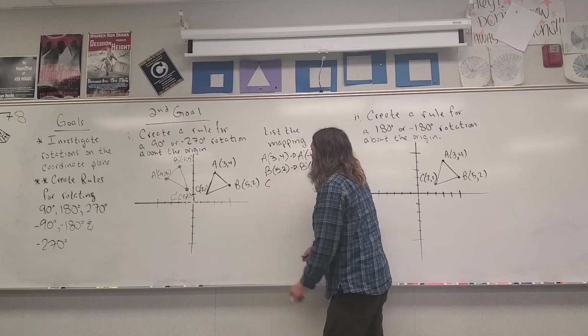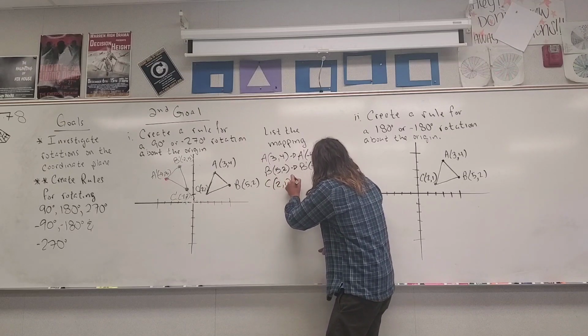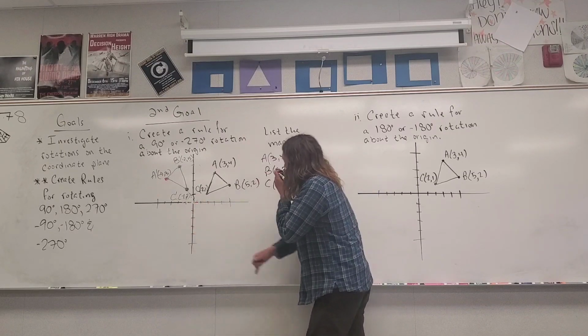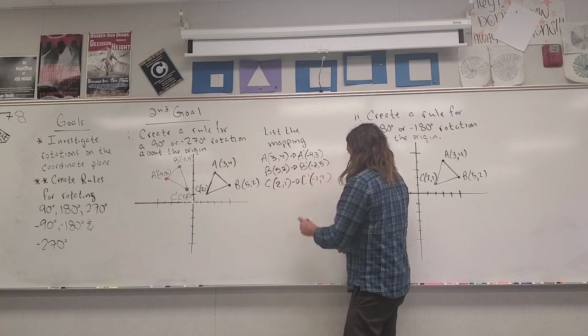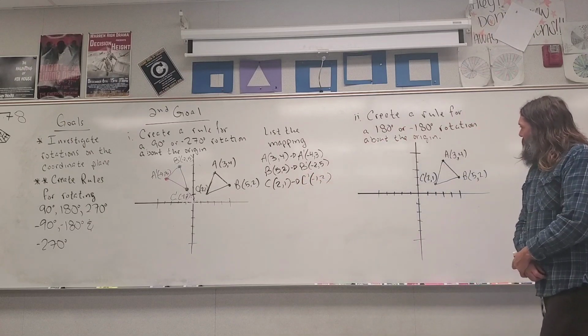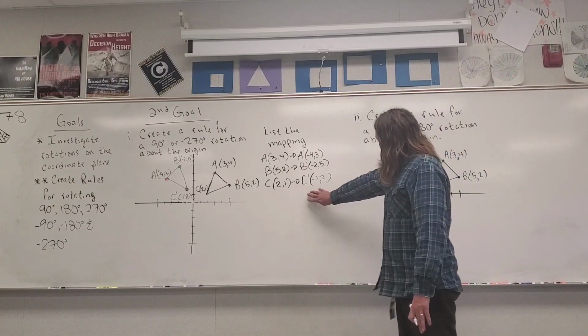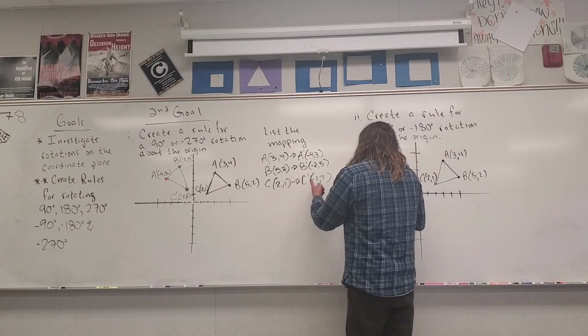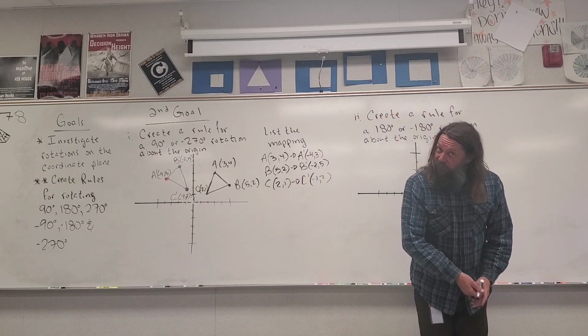And C, which is 2, 1, maps to C prime, which is -1, 2. So in looking at the pattern of what's happening from the pre-image to the image, we can see that the order of the numbers changes, and not only that, the sign of the first number changes.